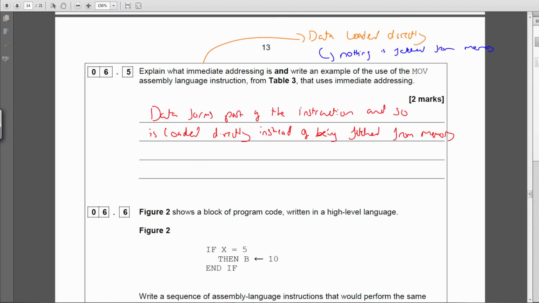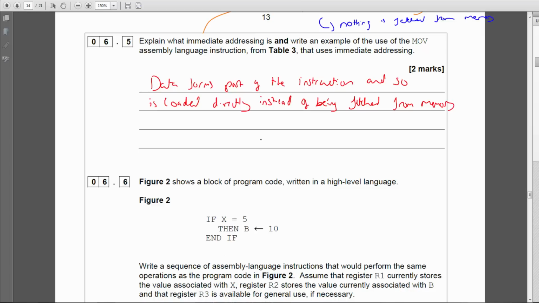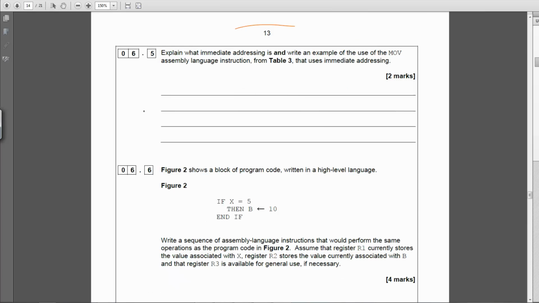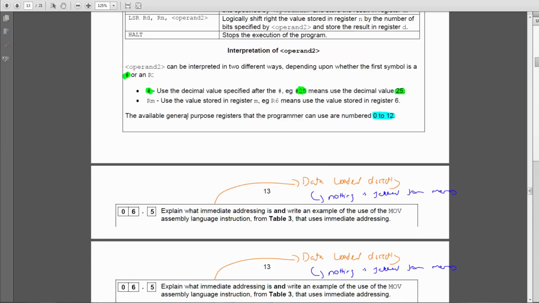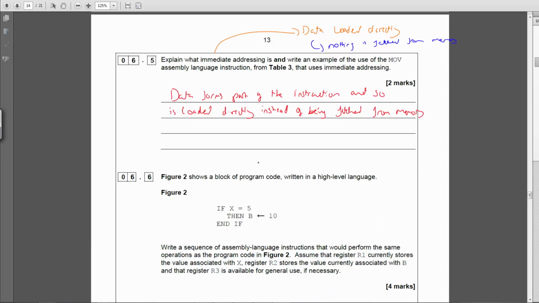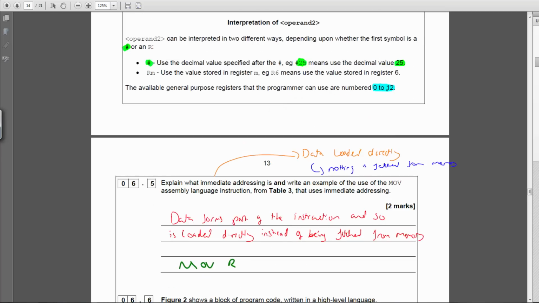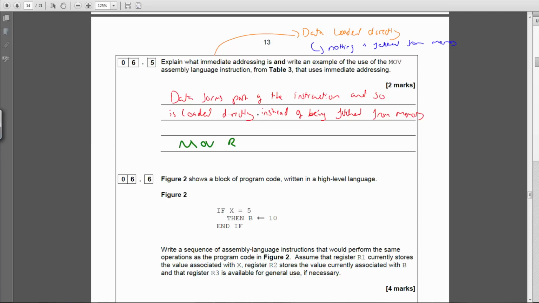So I want an example with move. Let's go back and look at what it was: move, register, and then our hash and a number. Let's do a proper example and actually write in numbers. So MOV, then our register number. I'm glad I spotted that, because it's got to be between 0 and 12.